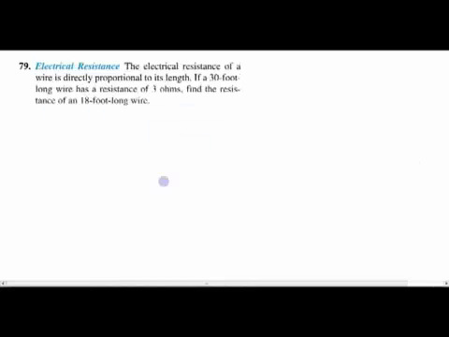Here we have an electrical resistance problem. An electrical resistance of a wire is directly proportional to its length. If a 30-foot long wire has resistance of 3 ohms, find the resistance of an 18-foot long wire. So first of all, in real life, we don't have things running around with variables attached to them.